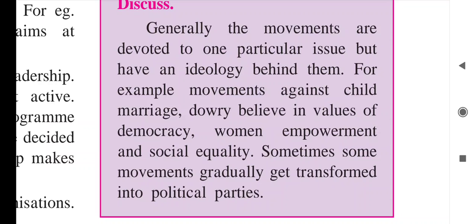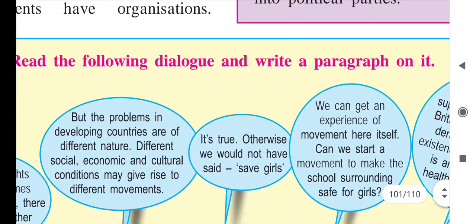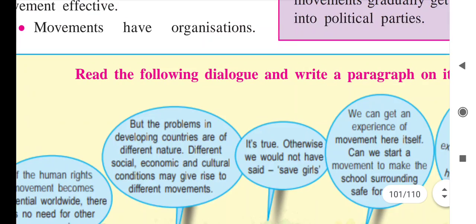So we have to discuss all these issues. Which issues? Child marriage, dowry system, women empowerment, values of democracy, and social equality. So on these issues we have to discuss.